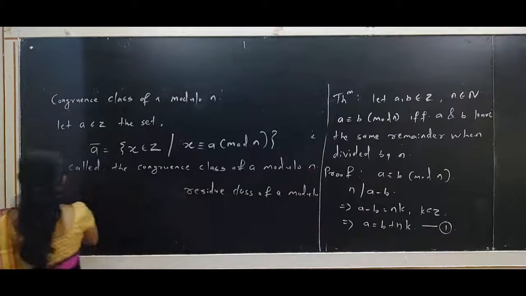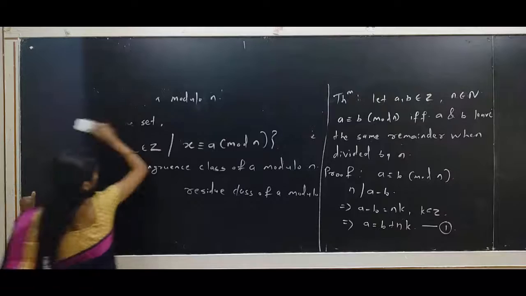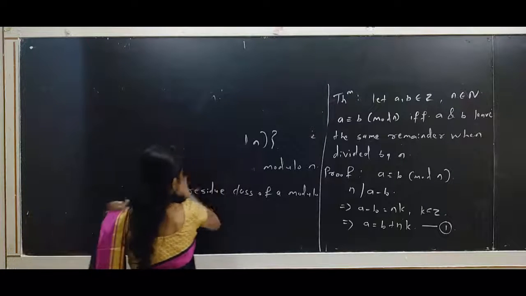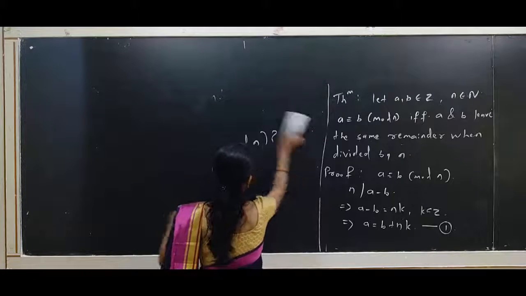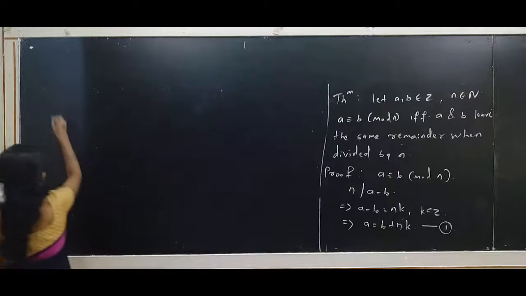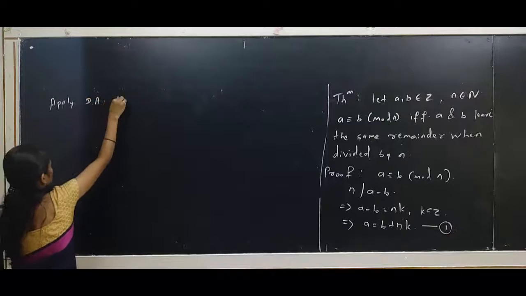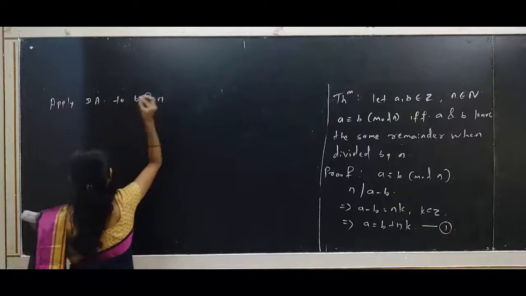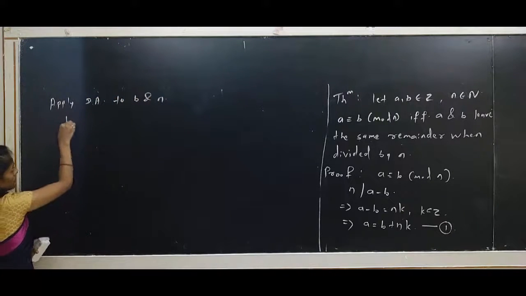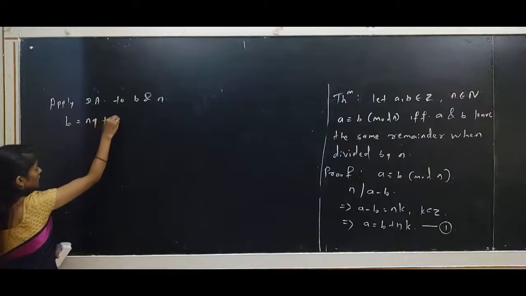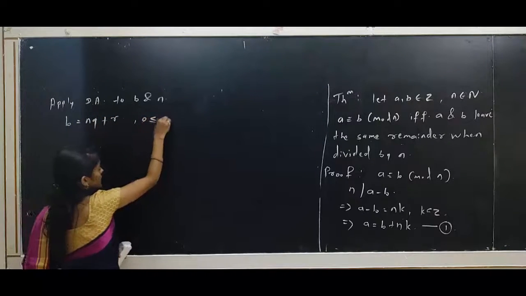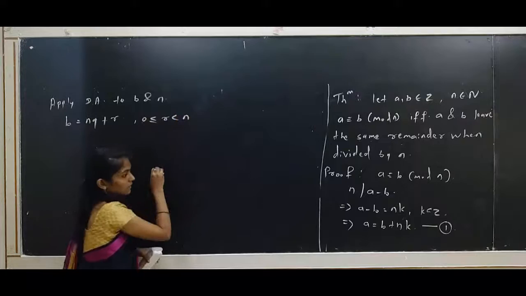Okay. Now we apply the division algorithm to b and n. So we get b equals nq plus r, where 0 less than or equal to r less than n.